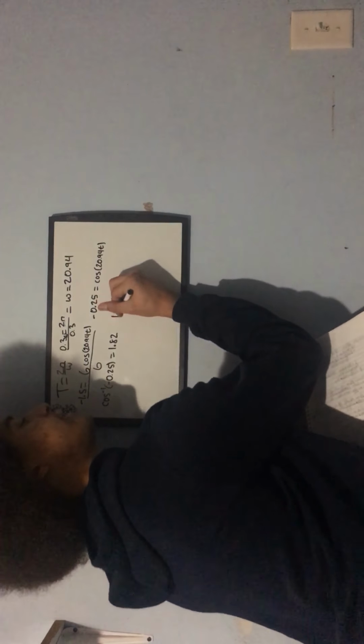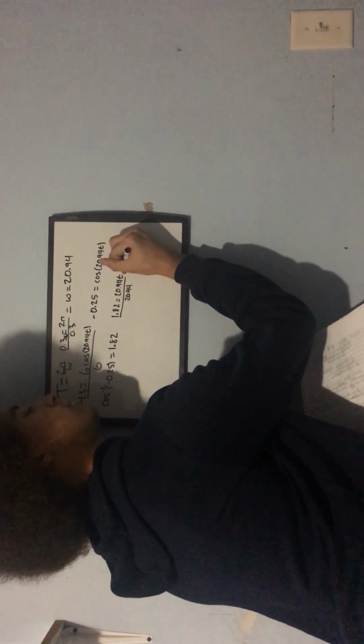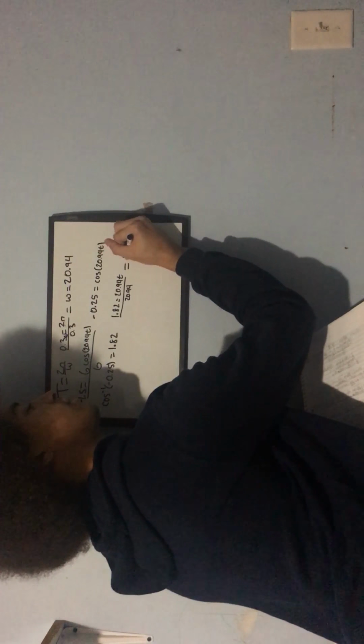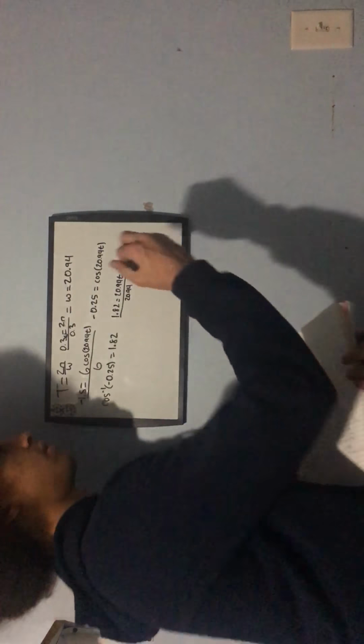So then we just divide by 20.94 to find t. And t will equal 0.087 seconds. So that is problem 64.